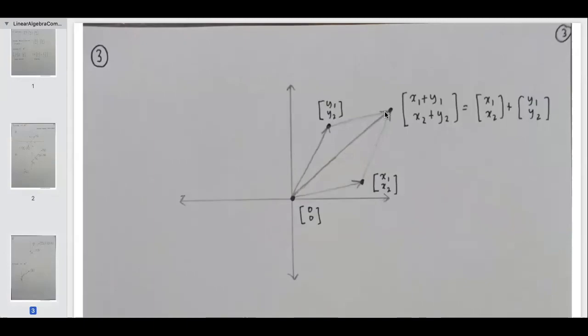That will be x plus y. The end point of that arrow will have coordinates x1 plus y1, x2 plus y2. So this is the geometric way of adding two vectors, and we can do this in R2 and R3. In higher dimensional vector spaces, it's harder to visualize, but it's the same thing.